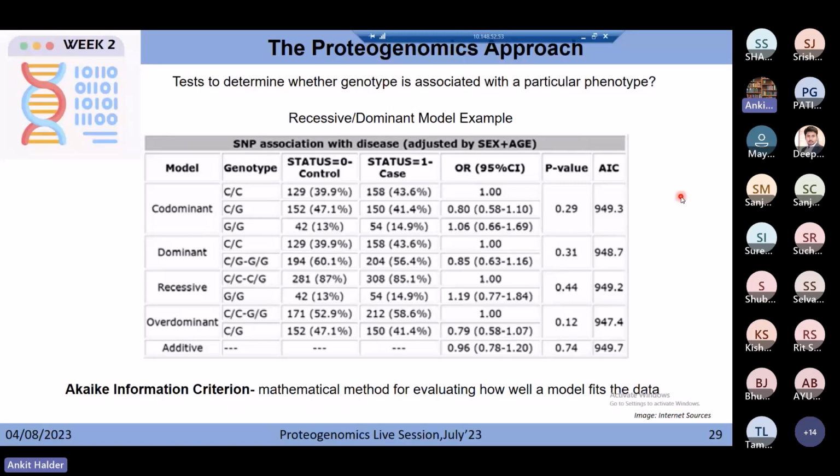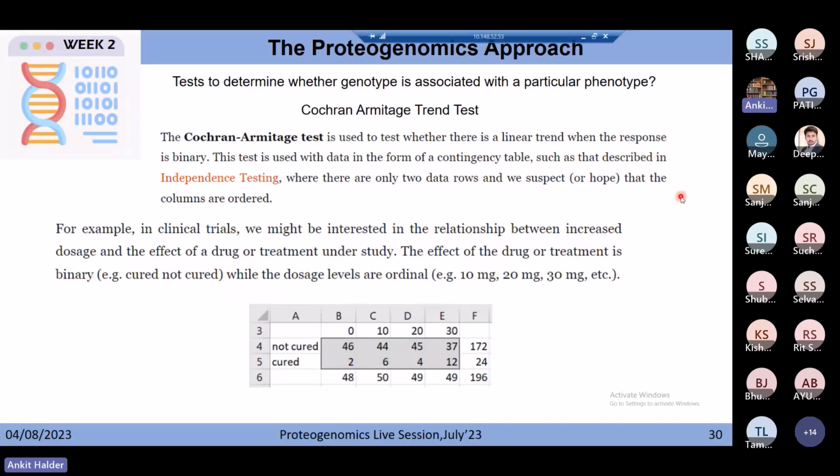Now another kind of test is the Cochran-Armitage trend test. This is a test used when you try to find out whether the response is linear or not.